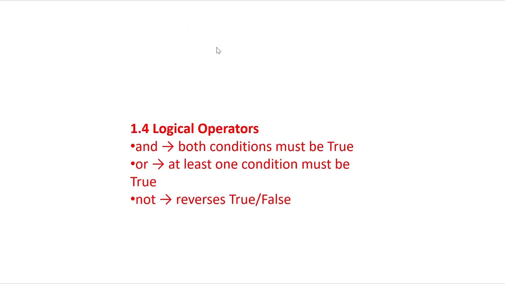One use of logical operators is that you can use them to combine two conditional statements, even more than two. Once you have a logical operator, you can combine as many conditional statements as you wish.